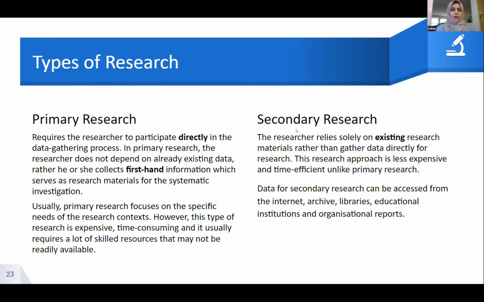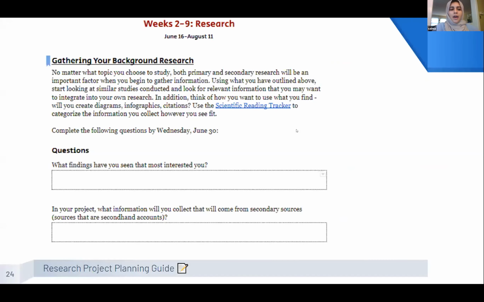secondary research. And so in reference to the planning guide that we have, we have these for weeks 2 and onward, but this is when you want to start to collect the background research and begin to find your own papers.